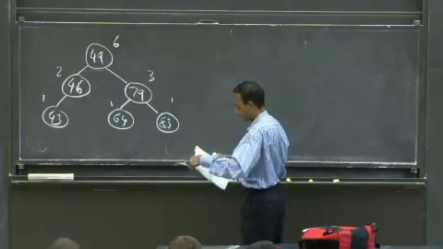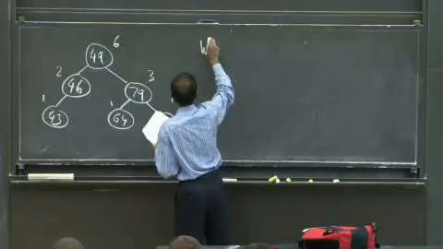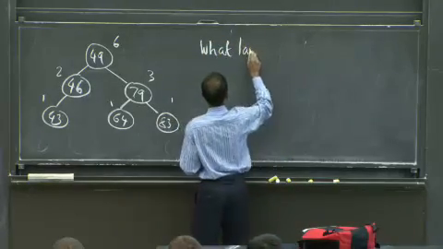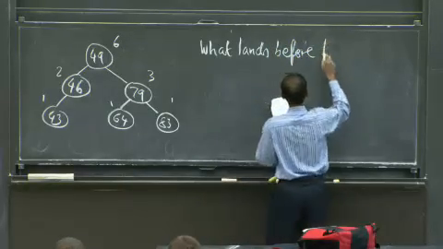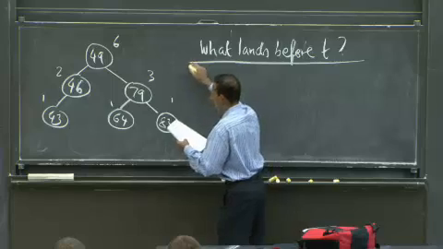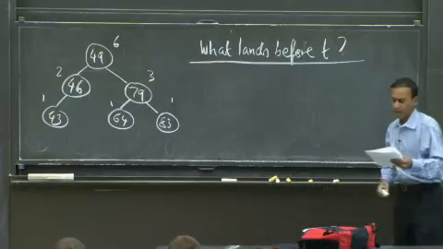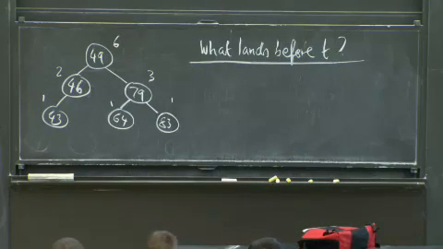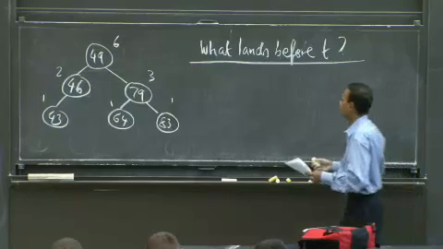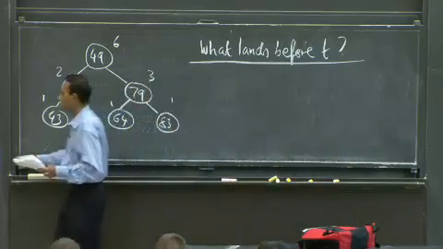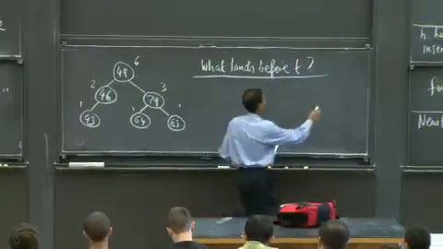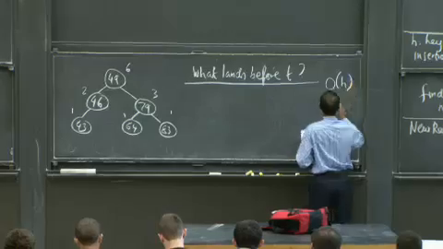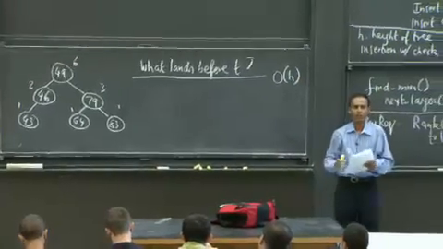So what I want is what lands before T. All right? And how do I do that? Give me an algorithm that would allow me to compute in order h time. I want to do this in order h time. What lands before T? Someone?